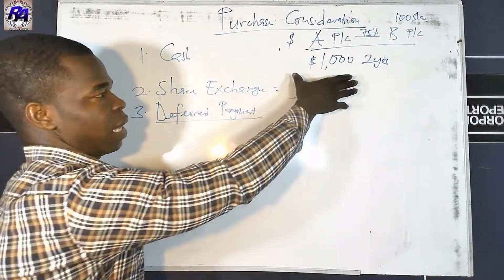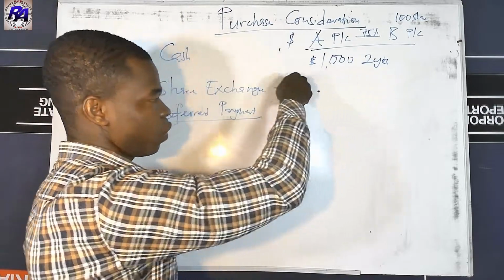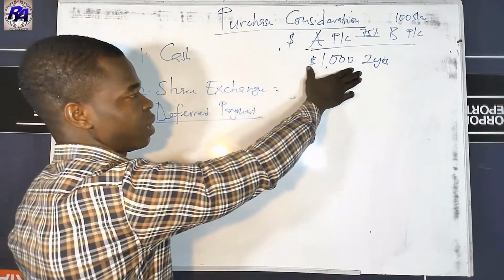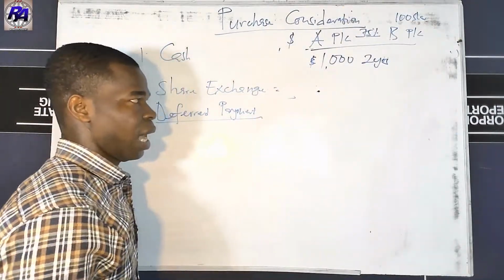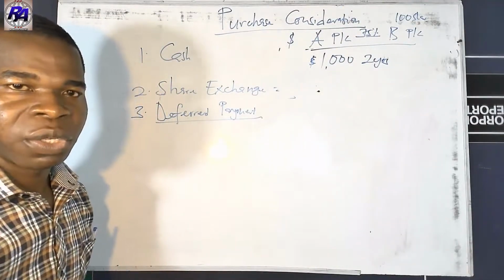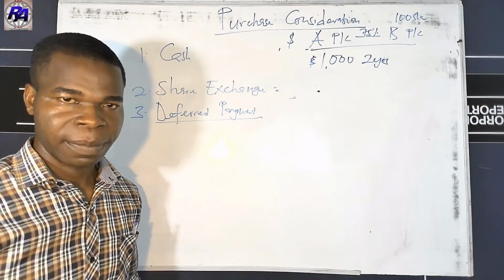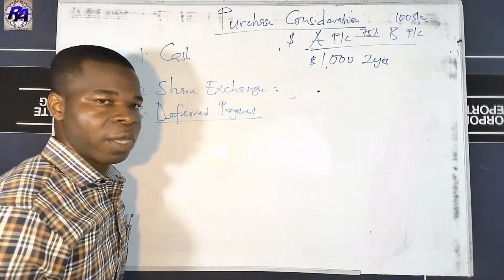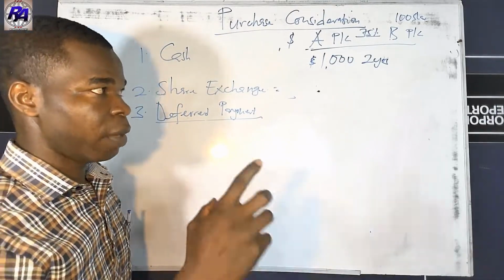So this is actually the consideration, but it's not going to be paid today. The business is being acquired today, but this amount will be received after 2 years. How do we establish or determine our purchase consideration? Now, the question will always give you the cost of capital for both the parent and the subsidiary.